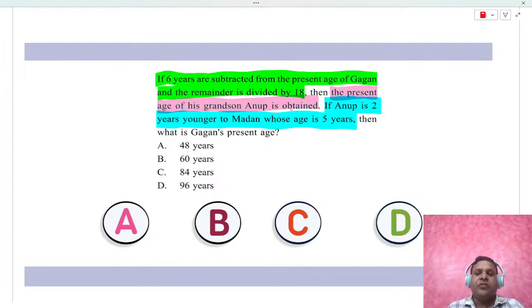Now, think about it. Can you solve it? If you can, then go for it. I'll give you 4 minutes to solve this. अगर कुछ भी doubt है you can ask in the chat box.